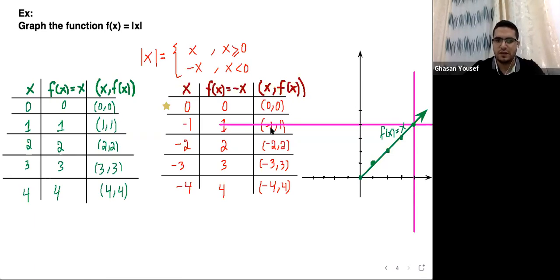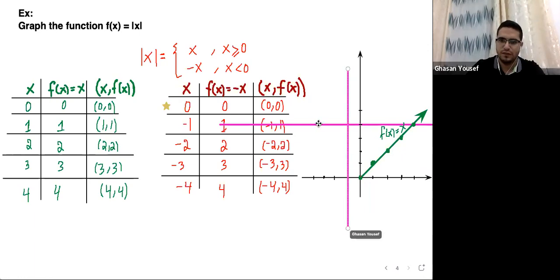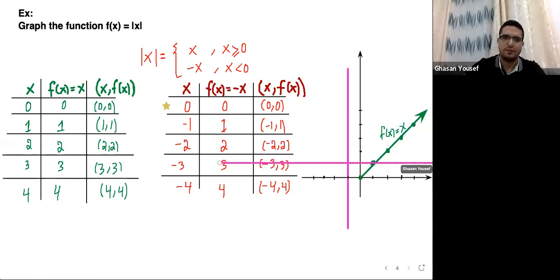Now for the second one, just put a point like that. At minus 1 and 1 should be here. This is minus 1 and this is 1. So the curve should be like this.